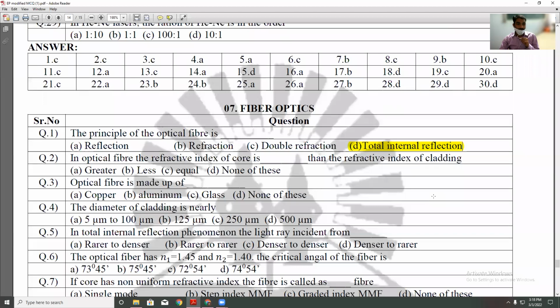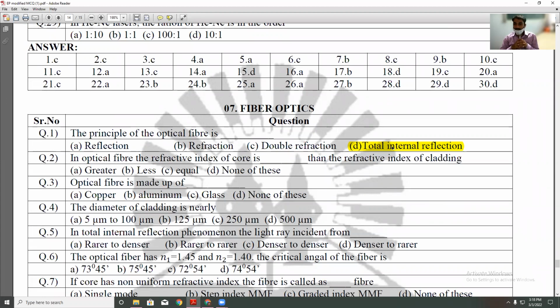Very good. In the optical fiber, the refractive index of core is dash dash than the refractive index of the cladding. So what is the relation between the refractive index of the core region and the cladding region? N1 is greater than N2.